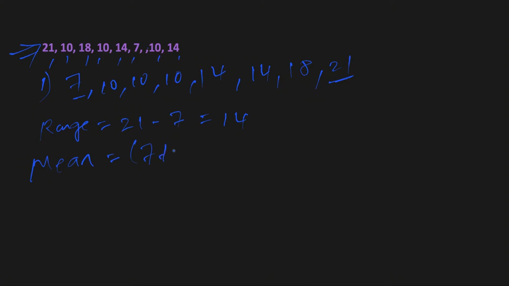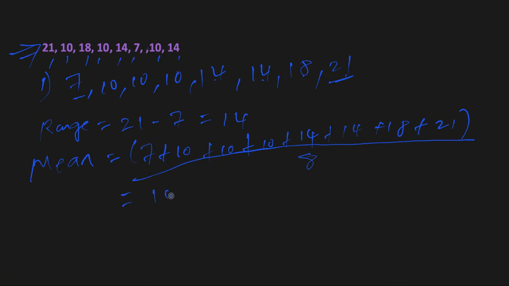This would be 7 plus 10 plus 10 plus 10 plus 14 plus 14 plus 18 plus 21, and this is all divided by 8, since we have 8 numbers. So this is 104 divided by 8, which is 13.